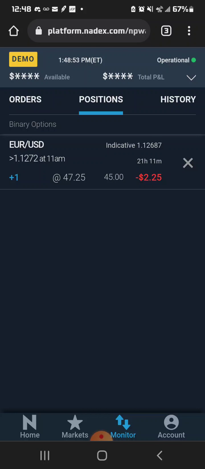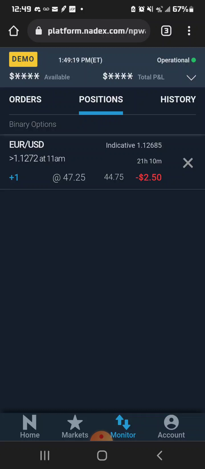When your contract moves in profit, it's going to gain value and you can actually get out of your trade early. You can't do that with these offshore brokers. You can't do that with Pocket Option. You can't do that with Forex. If you're in the money and you want to exit your trade, you have to wait till expiry. With this, you can actually get out and collect your profits before you get a reversal.